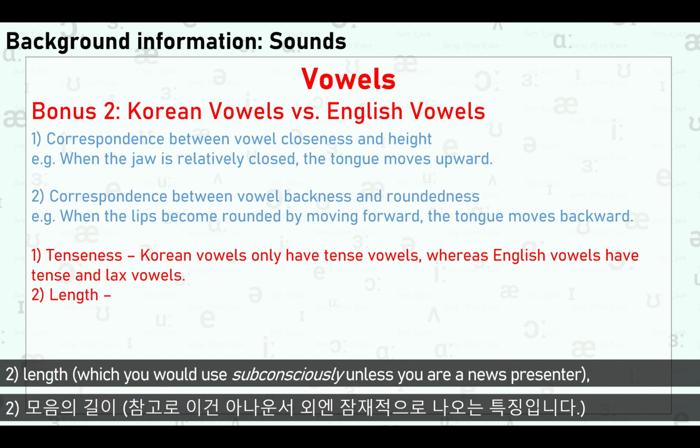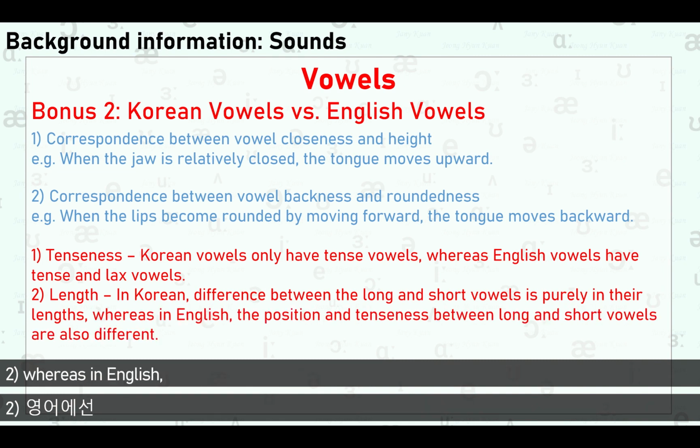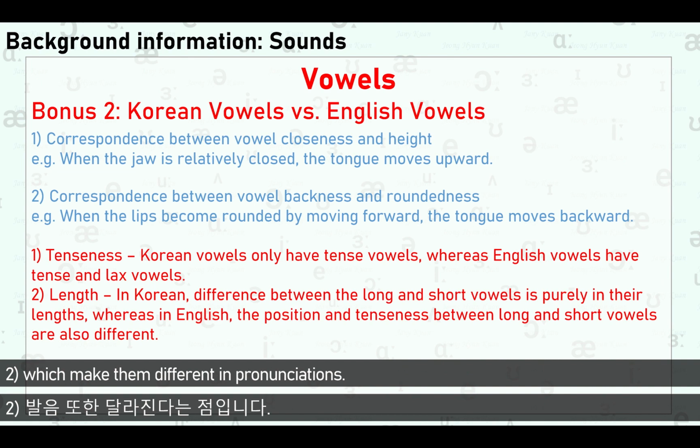Length, which you would use subconsciously unless you are a news presenter. Because in Korean, difference between the long and short vowels is purely in their lengths, whereas in English, the position and tenseness between long and short vowels are quite different, which make them different in pronunciations.